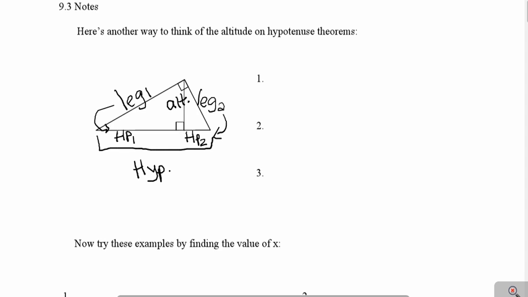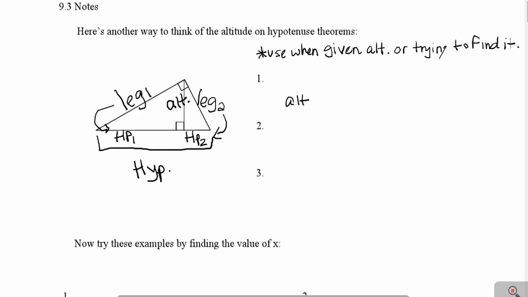So here's the first type of problem it could be. The first type of problem is when you're either given the altitude or you're trying to find the altitude. So I'm just going to make a little note here to use this when you're given the altitude or you're trying to find the altitude. Okay, so if you're either given the altitude or trying to find it, then you're going to put whatever the altitude is, or if you don't know it, you're going to just put a variable there.